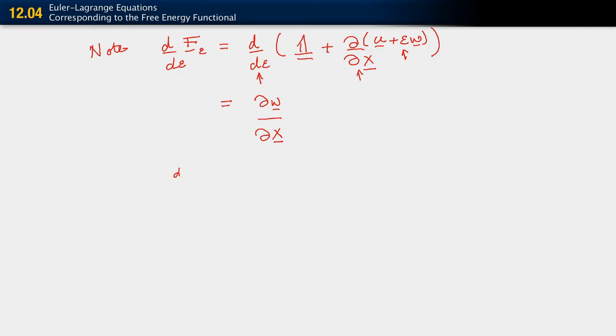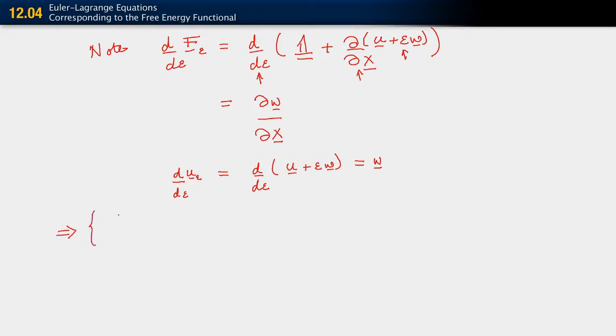And then the next term that we have to compute a derivative of is actually even simpler because it doesn't even have that derivative with respect to x. It's this one. And that is d/d epsilon of u plus epsilon w, which is just little w. Okay, we're going to use these in the last equation we had on the previous slide. When we do so, what we get is the following.